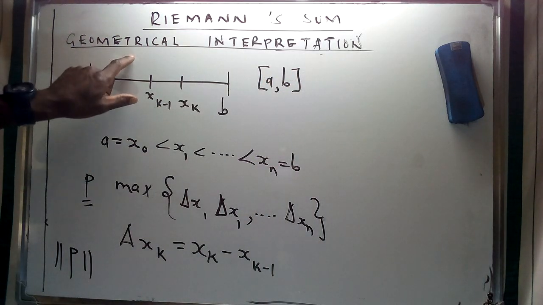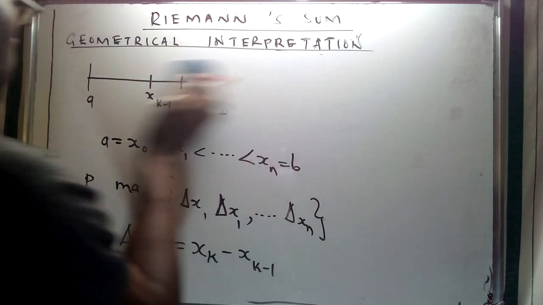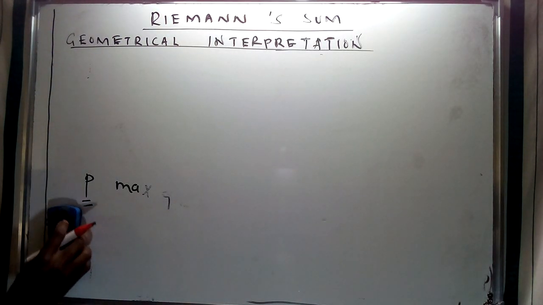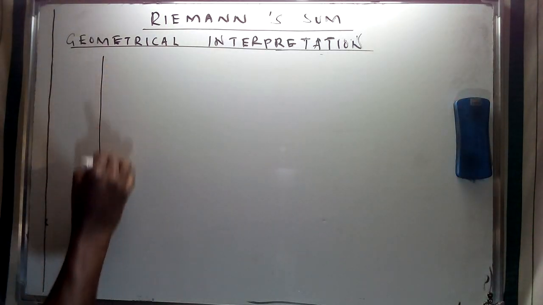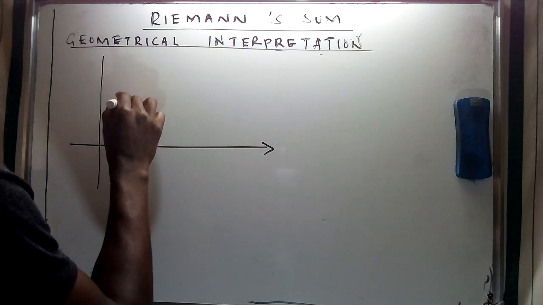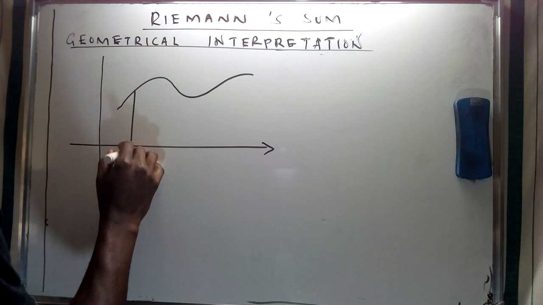In our second illustration, for the geometrical interpretation, we're going to use a function, which is going to be a curve considered with the x-axis. I'm going to give an example illustrated as a function ranging between those intervals.